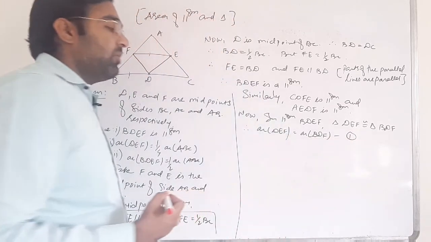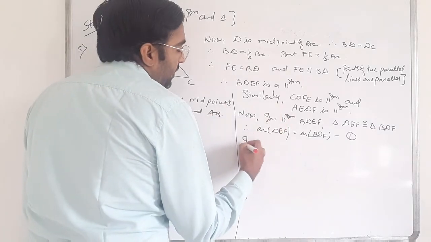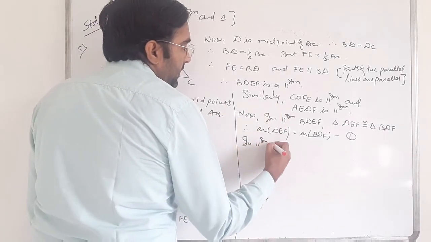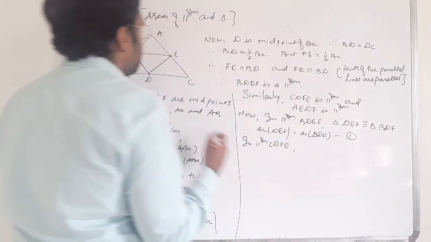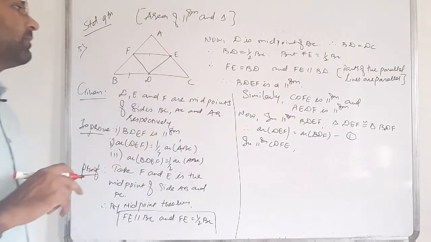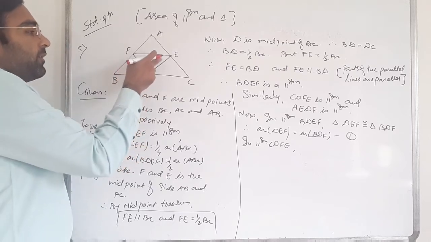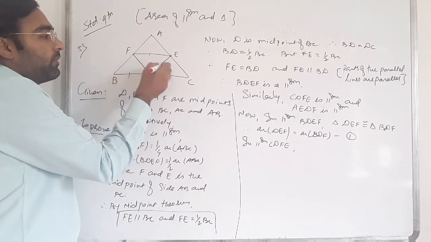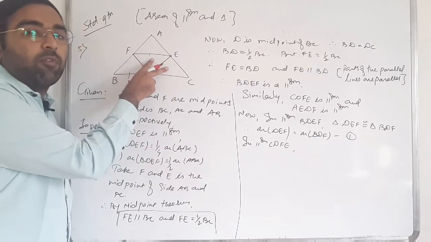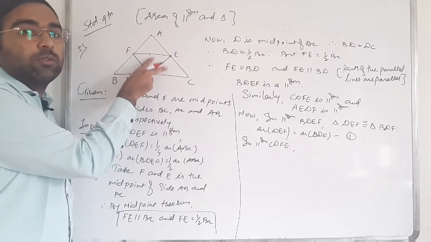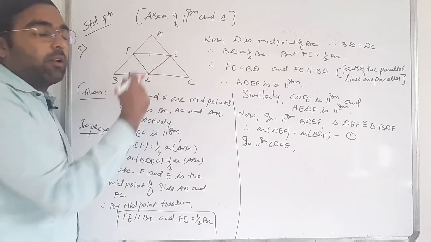We give this as equation 1. Also in parallelogram CDFE, there are two triangles formed, and both are congruent to each other because CDFE is a parallelogram.